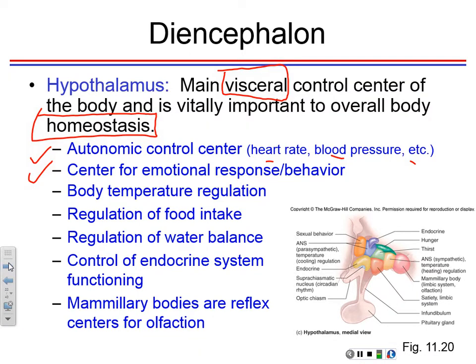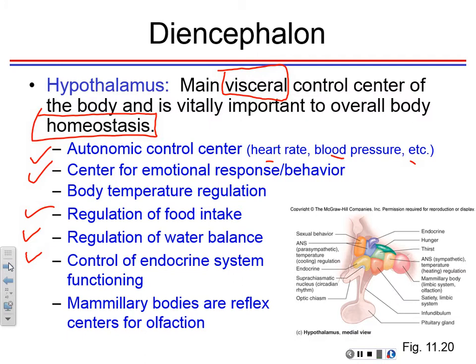So it regulates food intake, water balance, thirst, and control of the endocrine system. Like I said, it releases things like growth hormone releasing hormone, which causes the anterior pituitary to release growth hormone, or corticotropin releasing hormone, which causes the adrenal gland and other glands to produce other hormones.